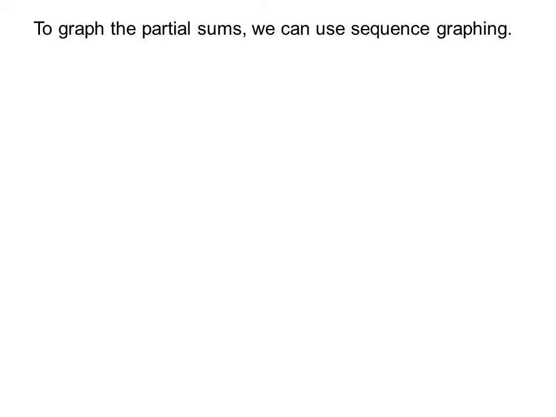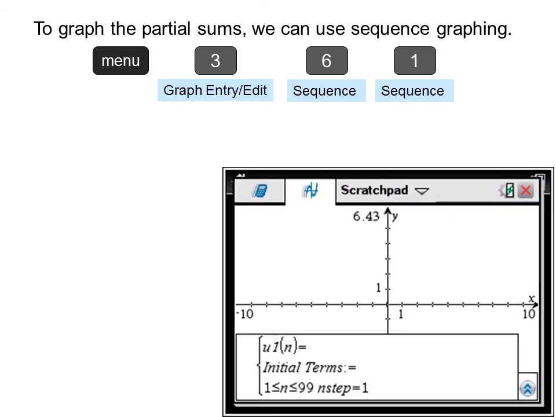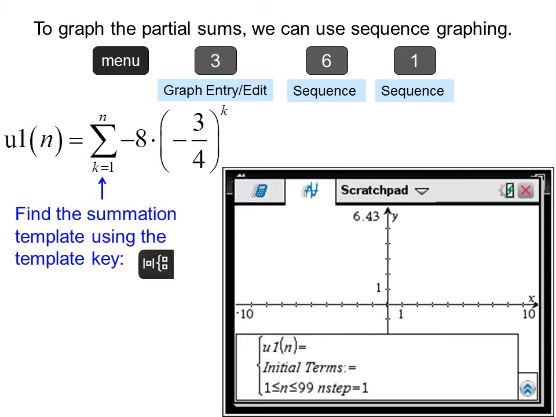To graph the partial sums, we can use sequence graphing. We use Menu 3, Graph Entry Edit, 6 Sequence, and then 1 Sequence. And we enter our summation.